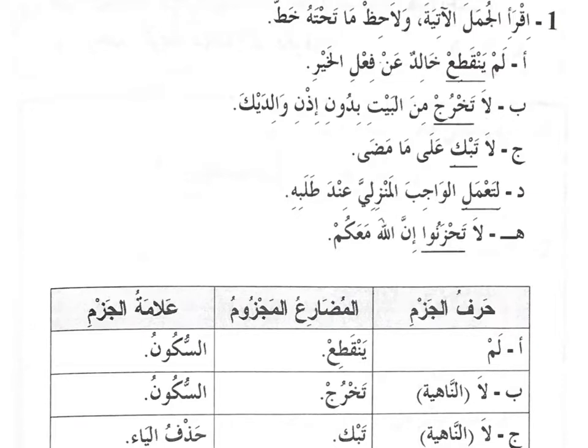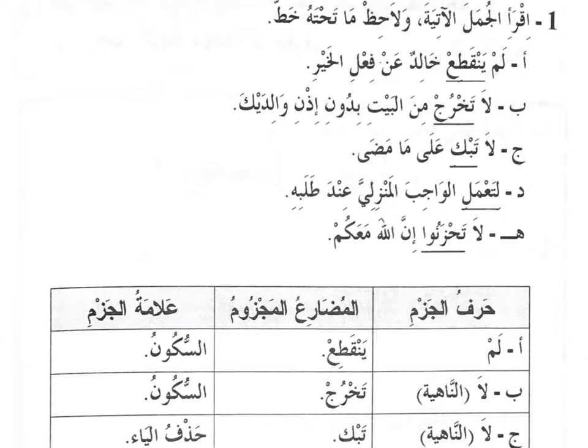We go back to our first sentence. Lam yanqati'. If we were to remove this word lam, then we have to read yanqati'u with the dhamma, because it is a fi'l mudari' marfu'.